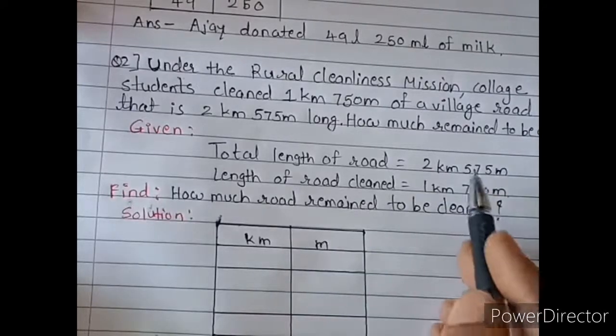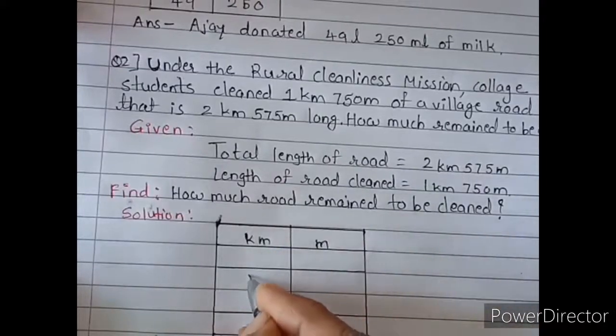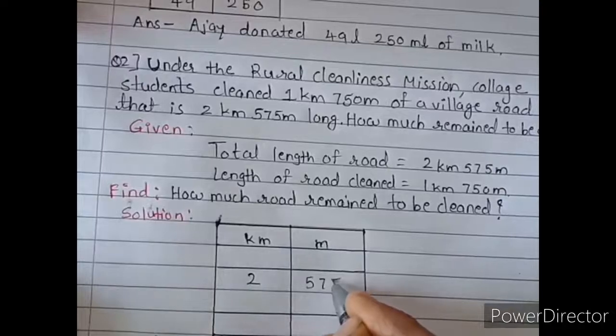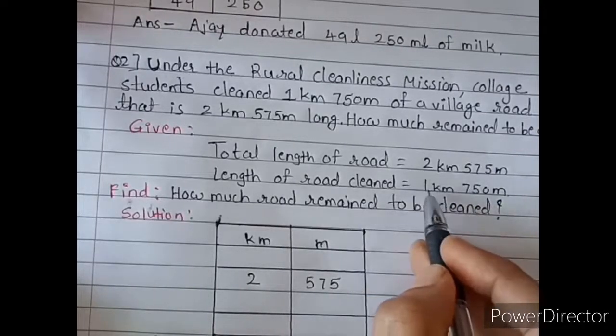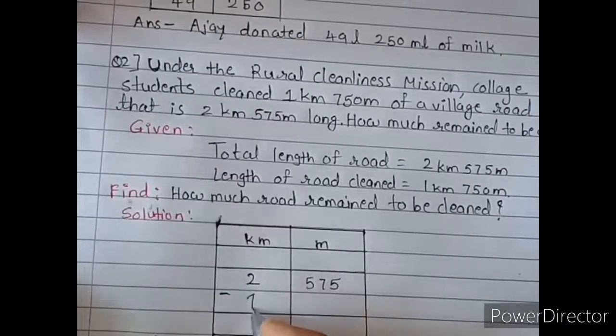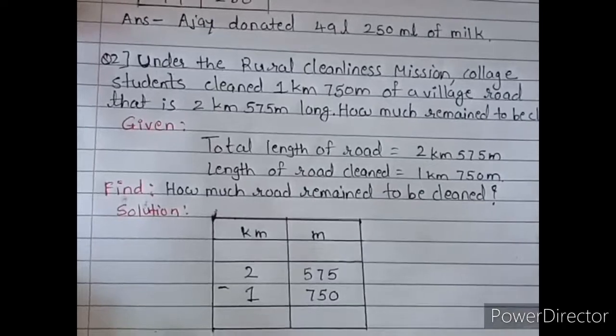So write down the total length of road first. 2 kilometer 575 meter, and length of road cleaned, minus 1 kilometer 750 meter.